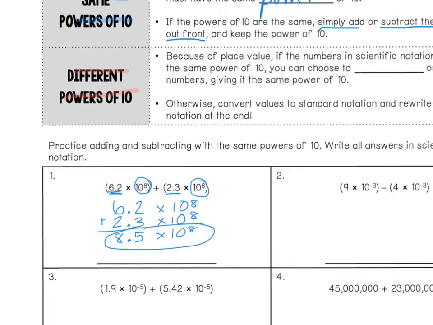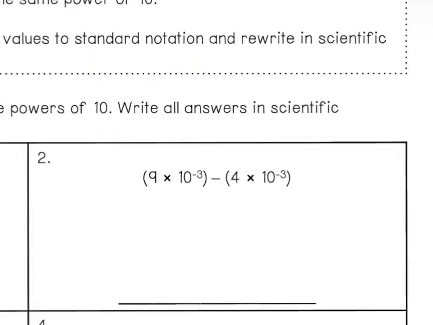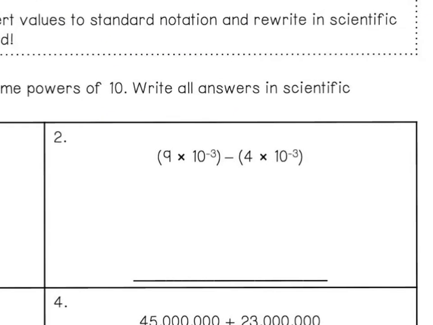And then we're also going to do this example over here. We're going to subtract. So we have 9 times 10 to the negative third minus 4 times 10 to the negative third. If you notice, these powers of 10 are the same. They're both negative 3. So we're just going to subtract the numbers out front.